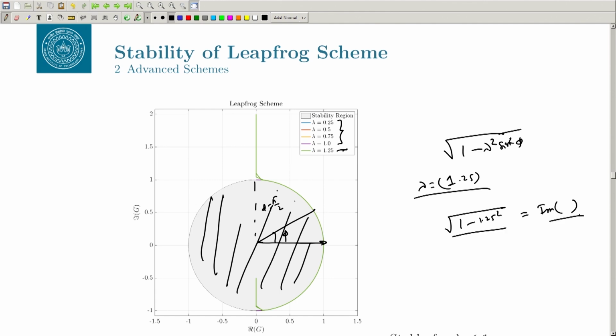Because of that imaginary number, you will see that this term becomes greater than 1. So, this is becoming unstable. Any value of lambda greater than 1 will give you the unstable region, and that scheme cannot be used. So, the scheme is stable for lambda less than or equal to 1.